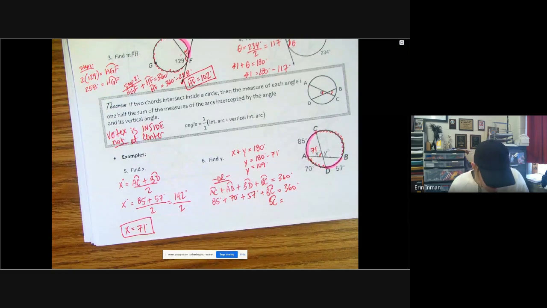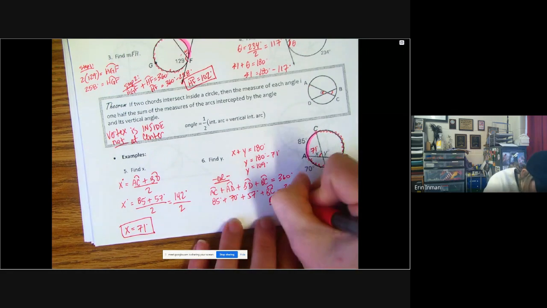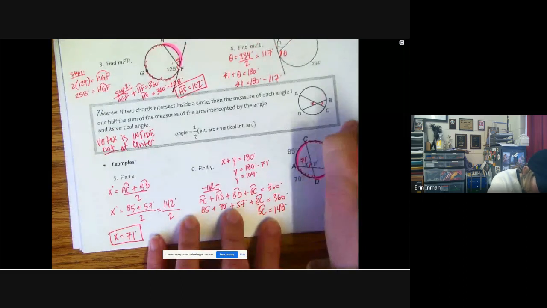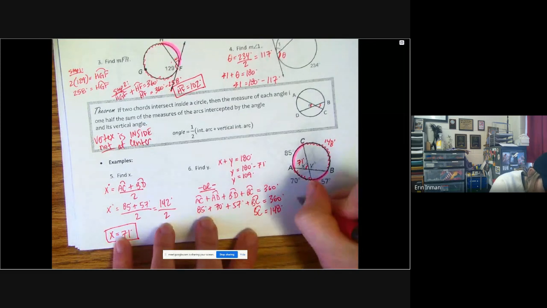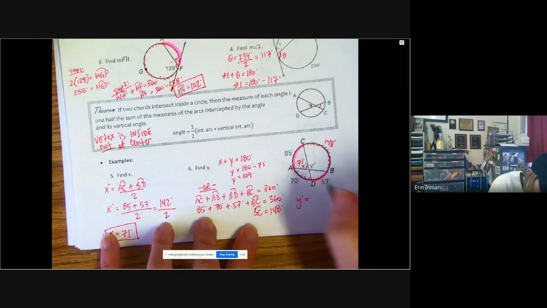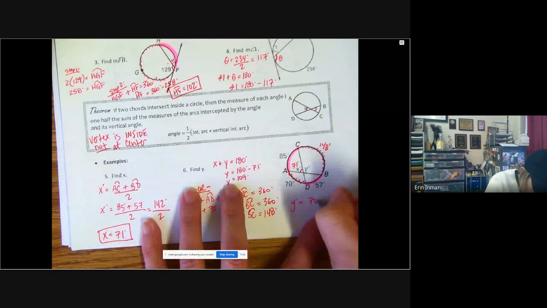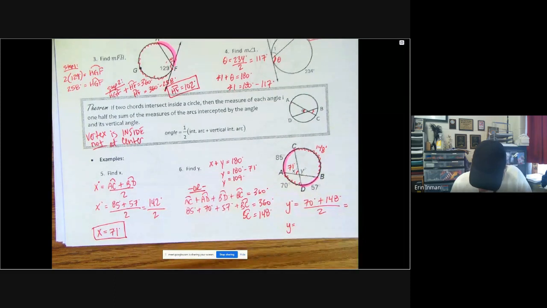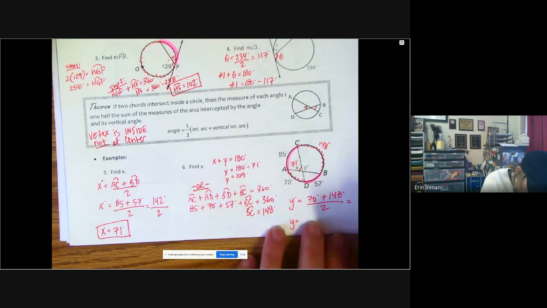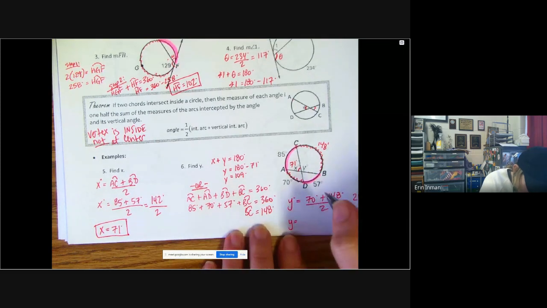All right, so when I do that, I get 360 minus 85 minus 70 minus 57, and that is 148 degrees. So if I know this is 148 degrees, I can take the average of those and say Y, that angle, is going to be 70 degrees plus 148 degrees divided by 2, which is 218 over 2, and that's going to be 109 degrees.